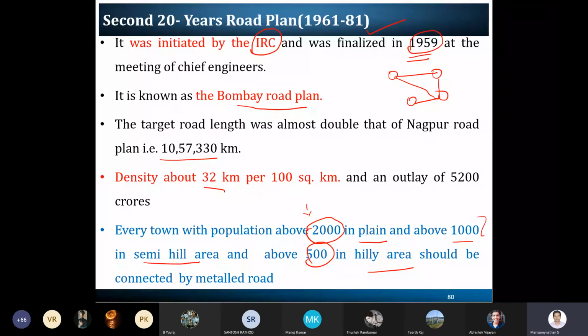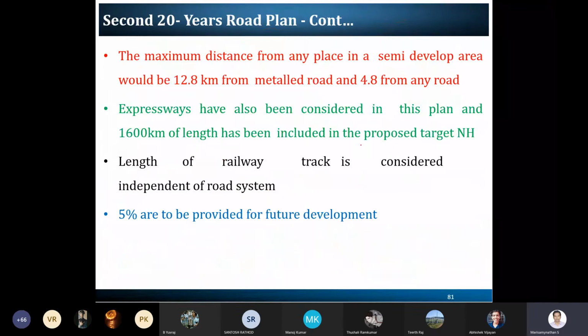So this is the criterion they fixed with respect to population, instead of randomly connecting A, B, C, D and so on. How the population exists, how the criterion applies. If it falls under that particular threshold, then they go for construction and implementation. So these are the things with respect to the criteria.